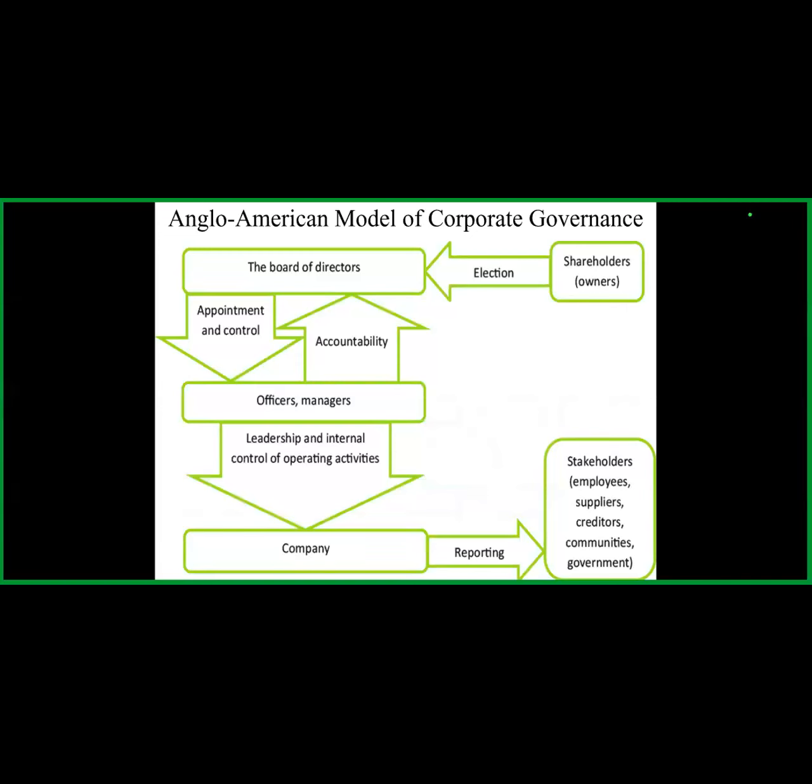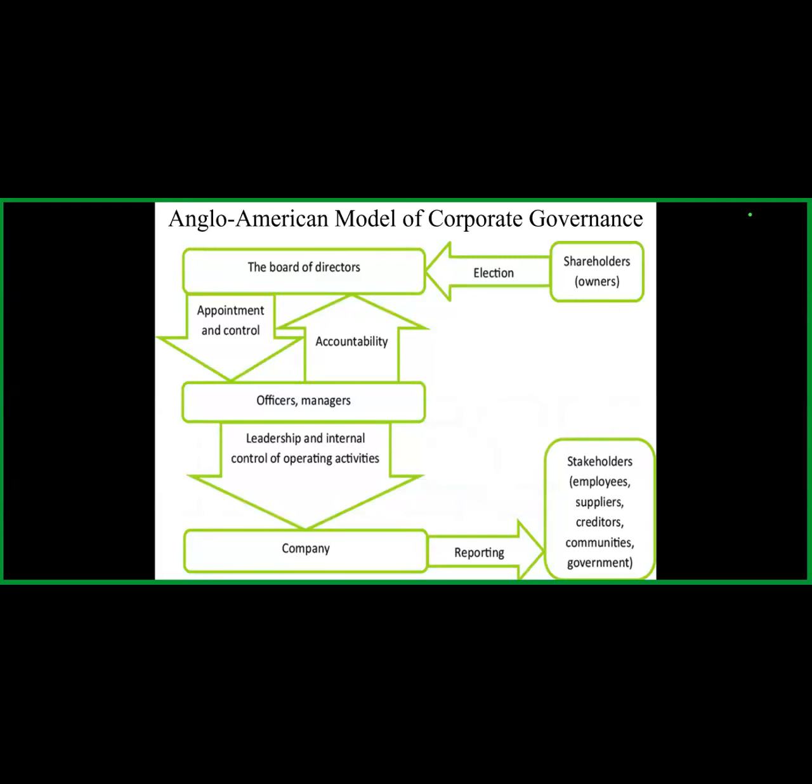Now, what does reporting to the government mean? It is very simple. Whatever rules and regulations are made by the government in the form of various acts, rules, and laws, they are to be fulfilled by the company. That is what the company's reporting is.